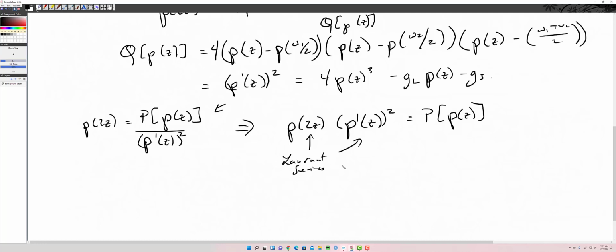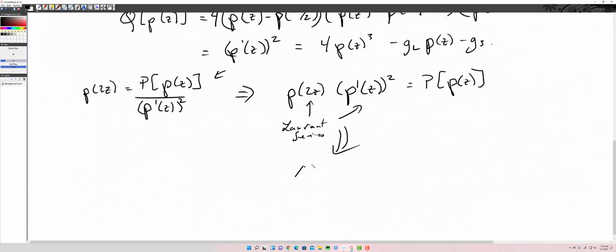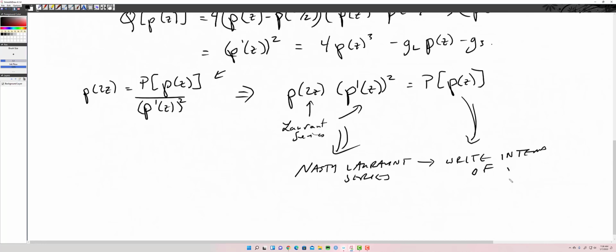And this is going to give you a nasty Laurent series that you're going to then write in terms of P of z, just by taking out the biggest exponent factor you can, moving on to the next one. Taking out the biggest exponent factor you can, moving on to the next one.